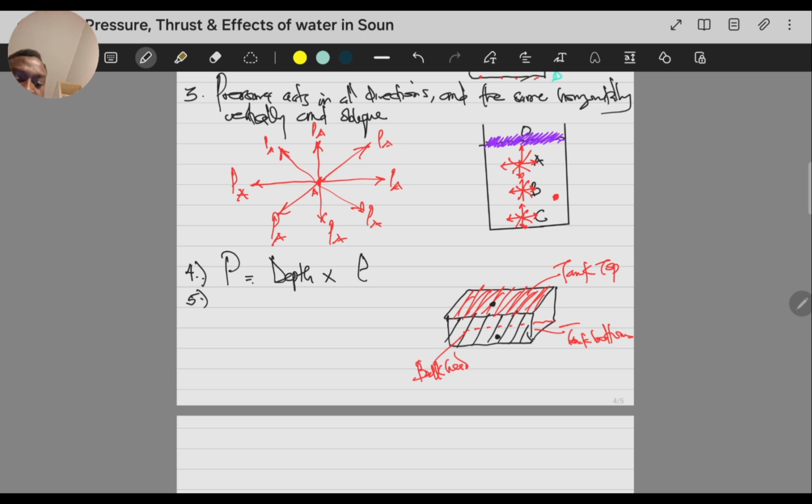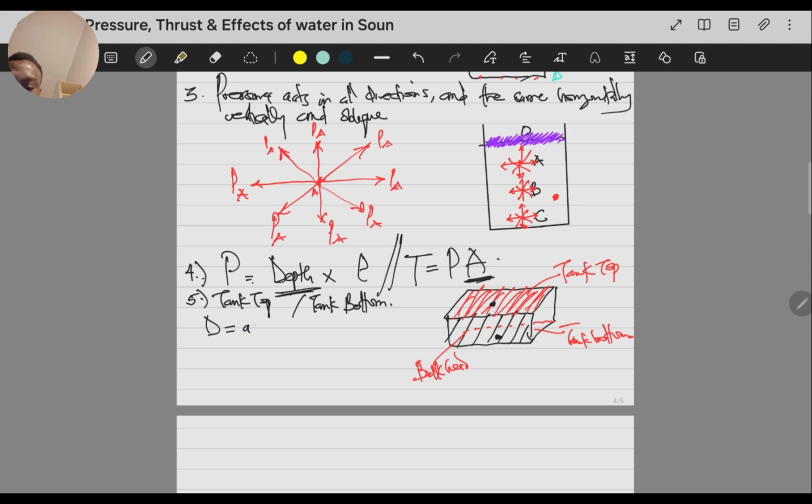So in that case, we use the cross-sectional area. These are the two formulas: pressure is density times gravity times depth, and thrust is pressure times area. So what is this depth, and what is this area? For tank top and tank bottom, your depth is the depth, because the centroid is actually along the vertical axis.